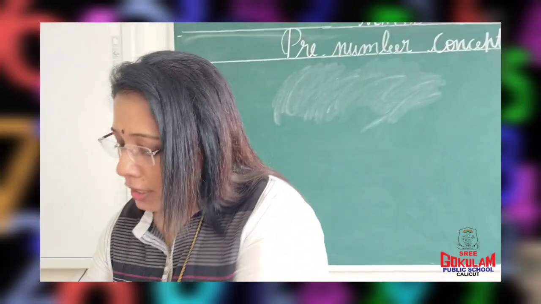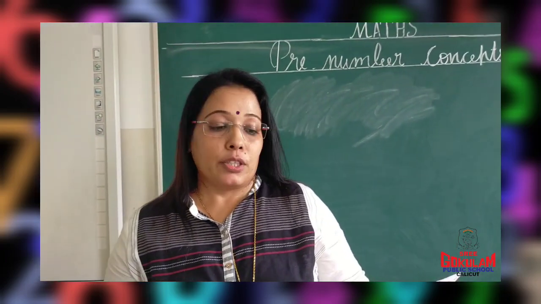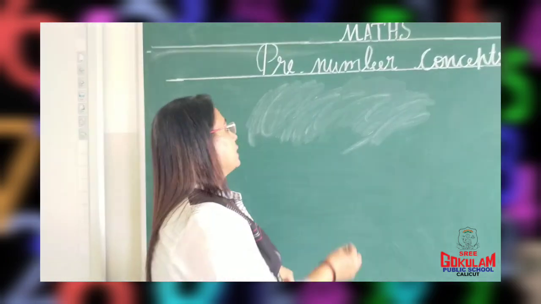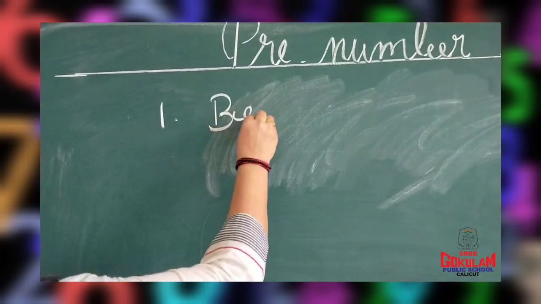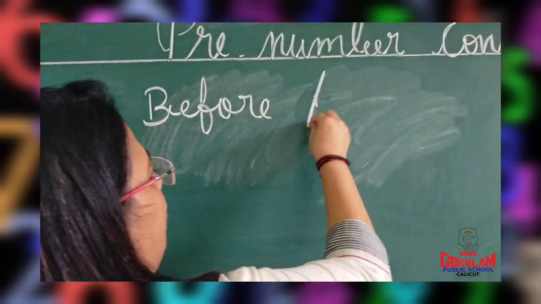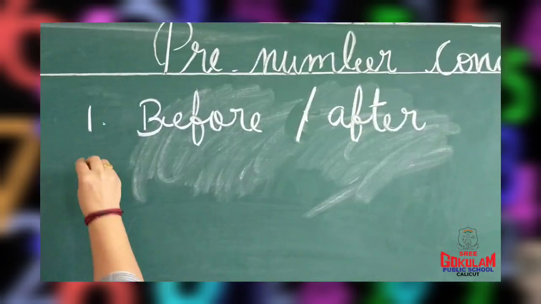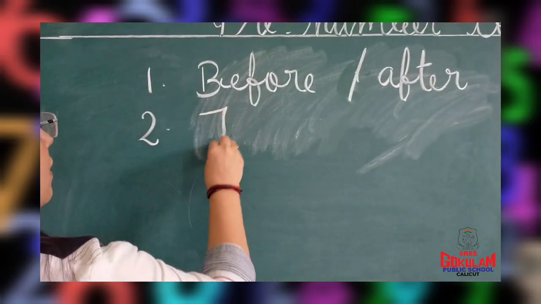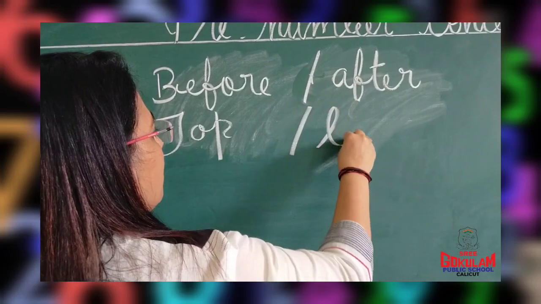So children, which are the concepts we learned today? Do you remember which are the concepts? The first one is before and after. The second one is top and bottom.